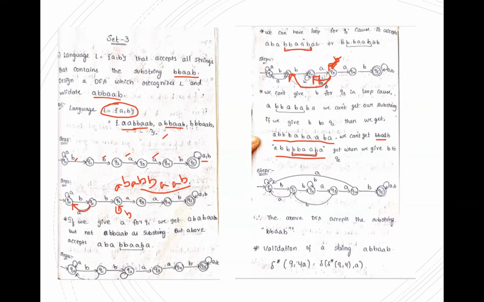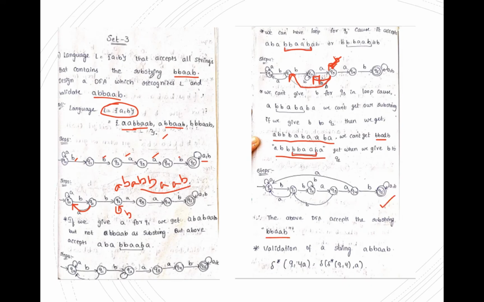As it is not possible in all the cases, we are moving to Q0. So on input symbol A, the transition takes place from Q4 to Q0. And this is the final answer. This complete diagram, this DFA, accepts all the strings containing BBAAB as a substring.